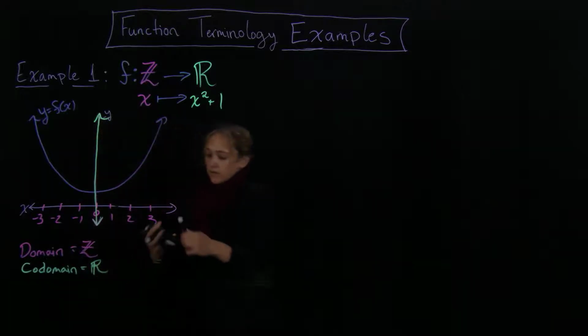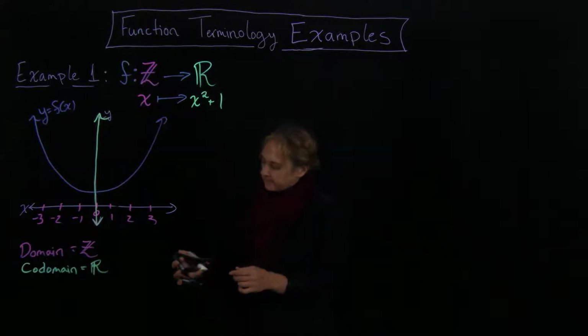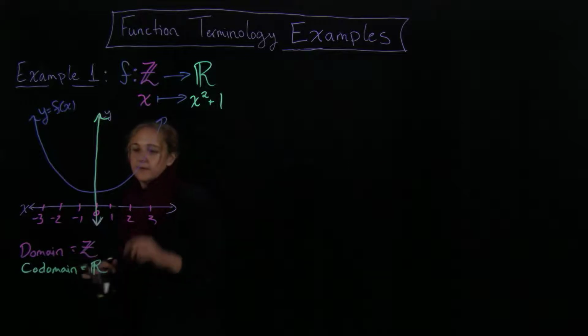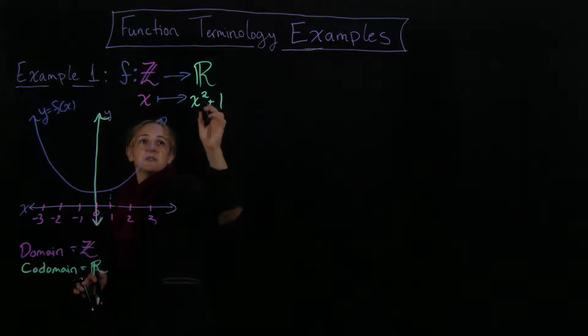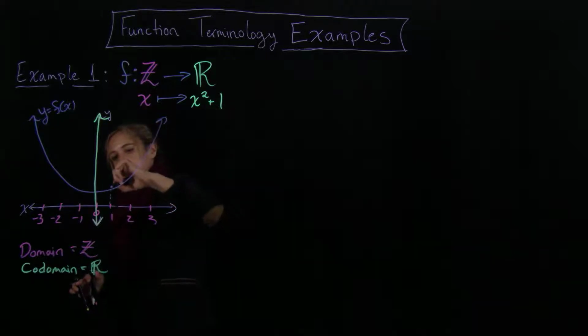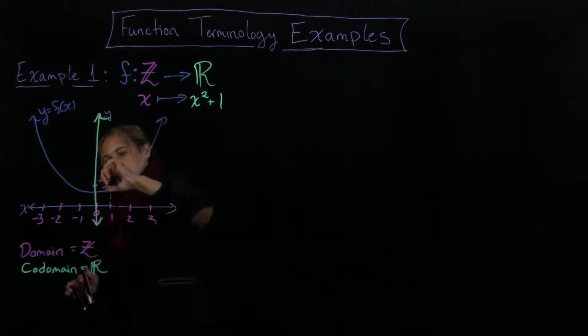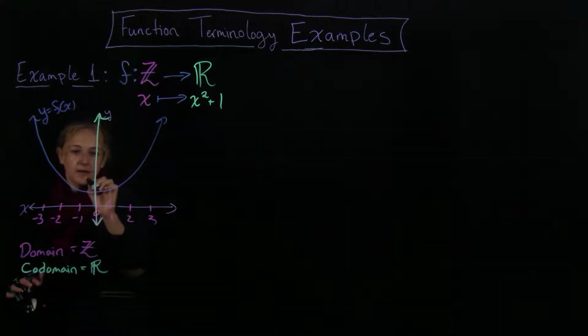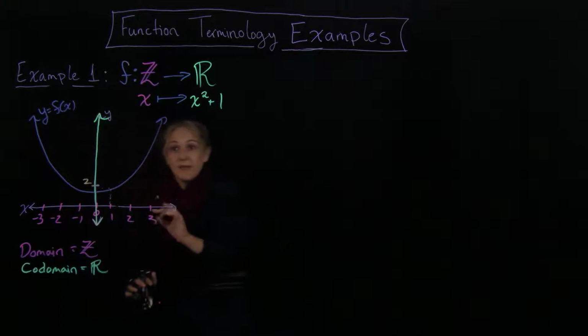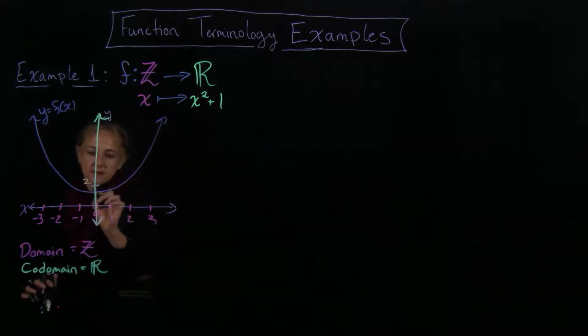But if I put 1 into my function, I take 1, square it, add 1, and I get out 2. That's an element of my image or my range. If I put in 0, I get out 1.